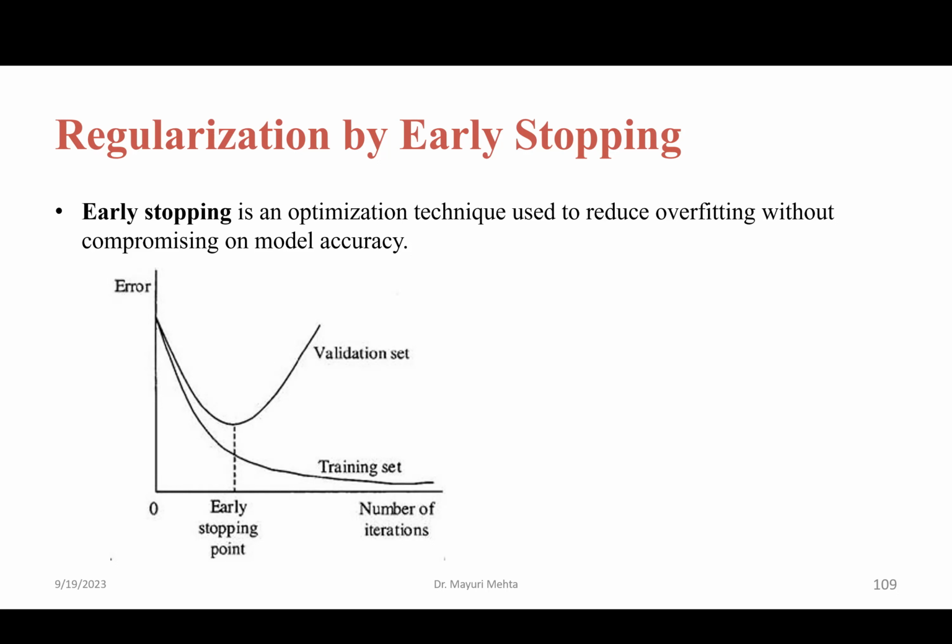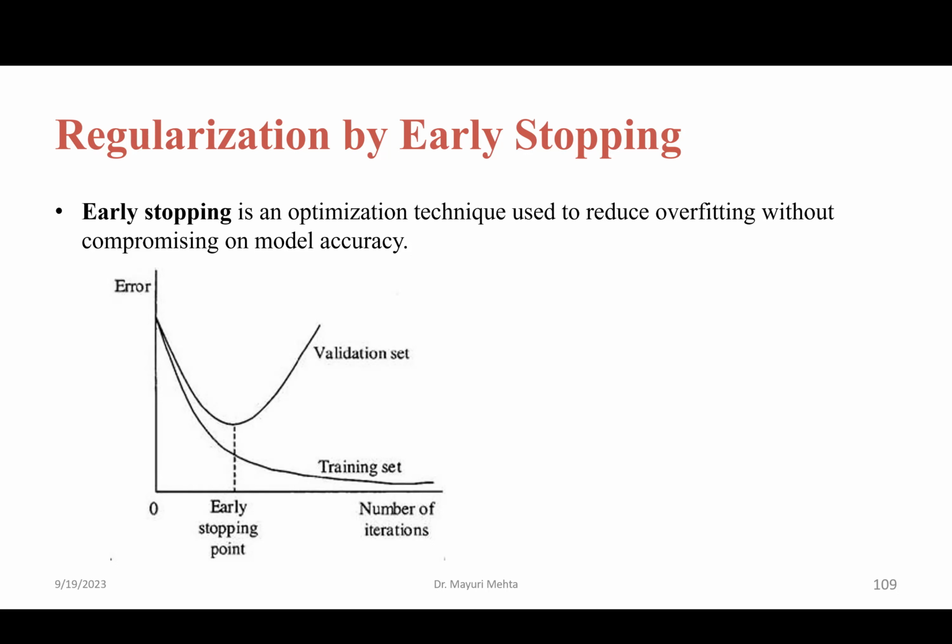Dropout we discussed in the last unit, so we will not repeat the same theory. Let us discuss now early stopping and then pruning, and how they also help us to overcome the overfitting problem.